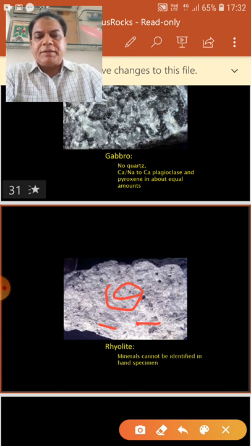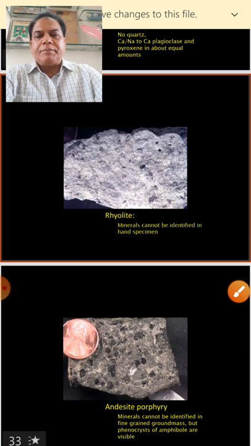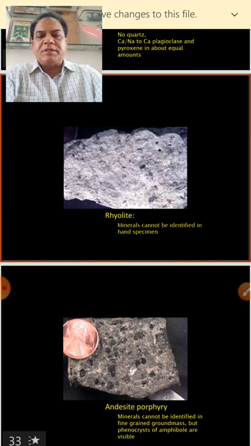So it is clear that it is leucocratic, and on that basis and the field relations also, it is identified as rhyolite. The color is pink, a bit buff colored, you can say white colored, and these are very small grains, means the grain size is naturally less than 1 millimeter, that cannot be distinguished in hand specimen. So this is a rhyolite.